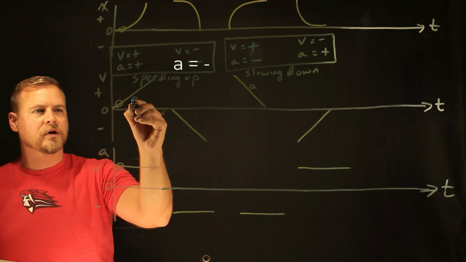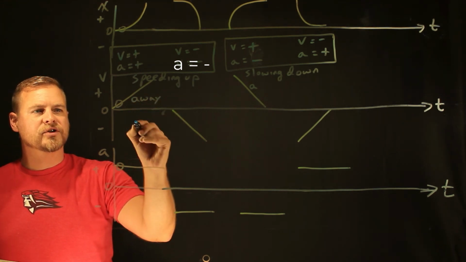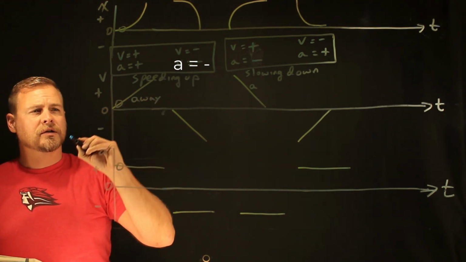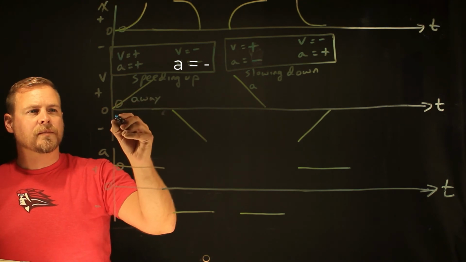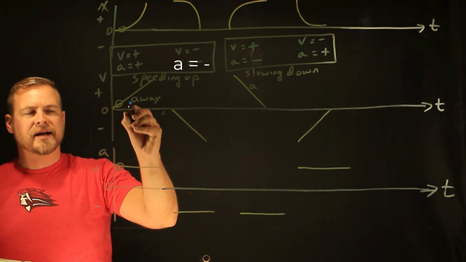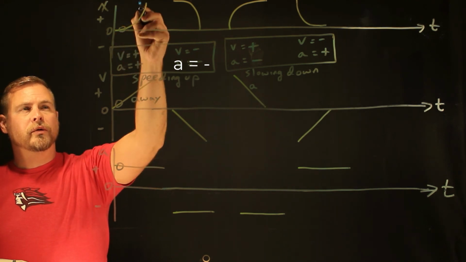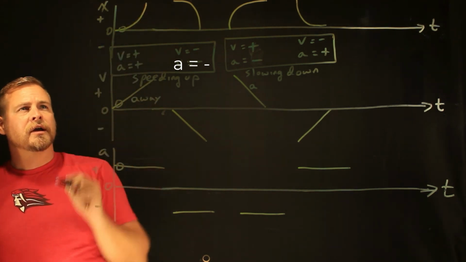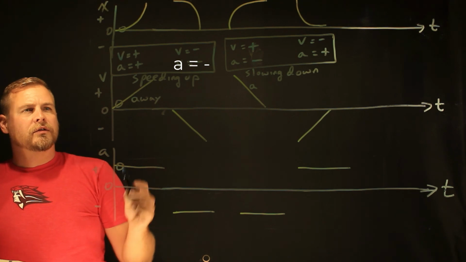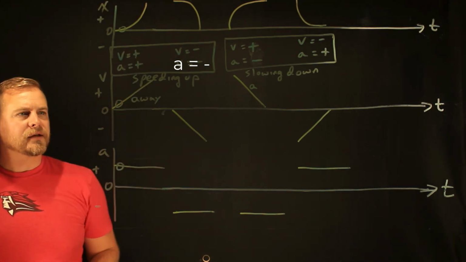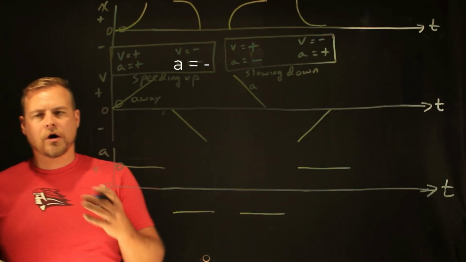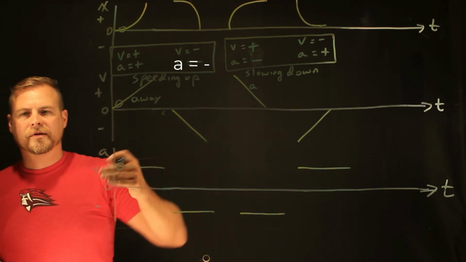Well, it means that I'm moving away from my object at a constant change in velocity. And so I'm going to get faster and faster as I move away. And then up here, you would go into the positive because you're going away from your origin. And so try to pick a point on these graphs and talk yourself through that. What would the slope of the next graph be?